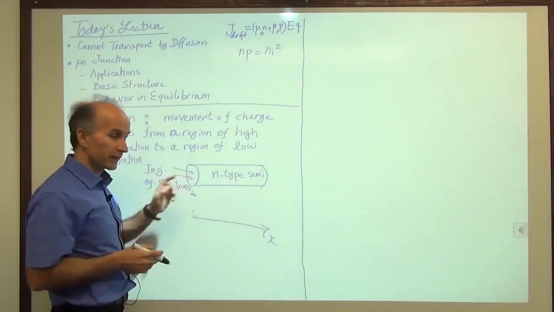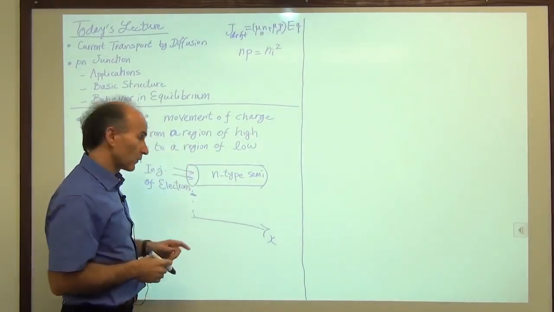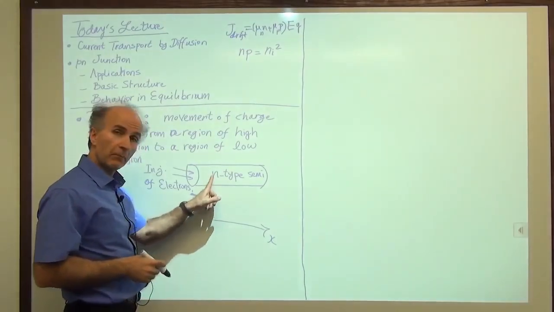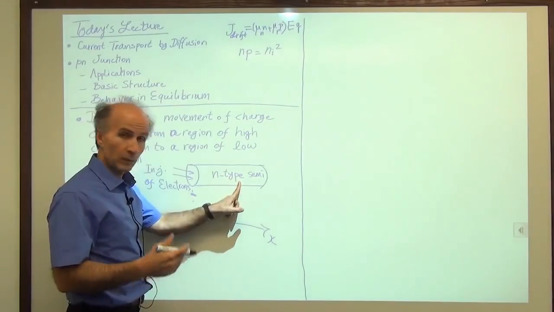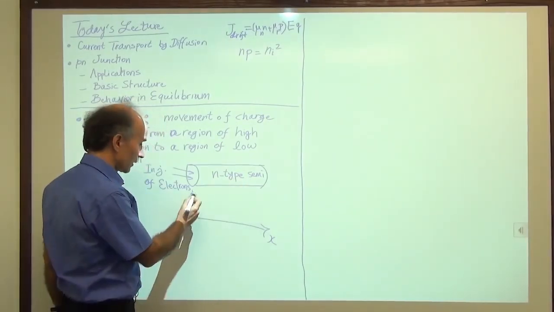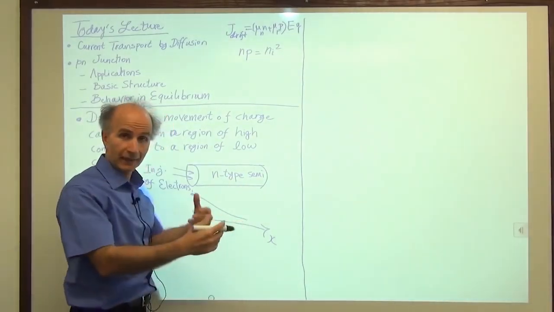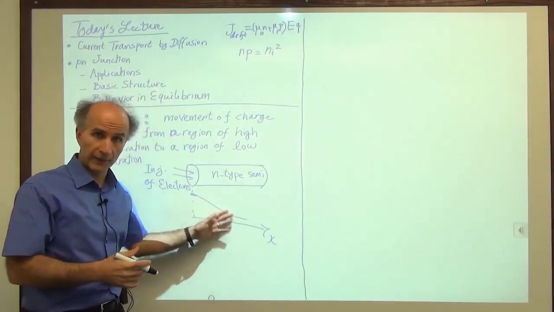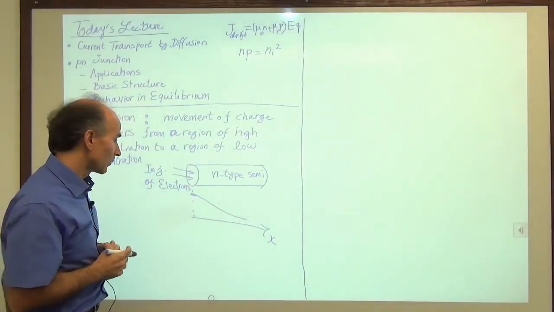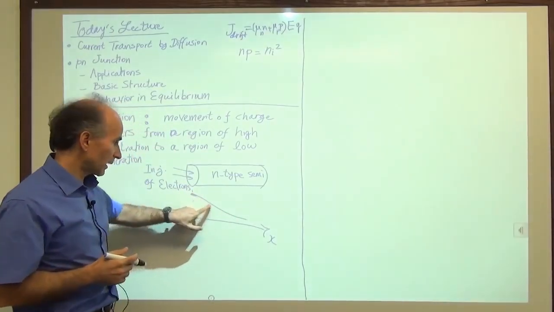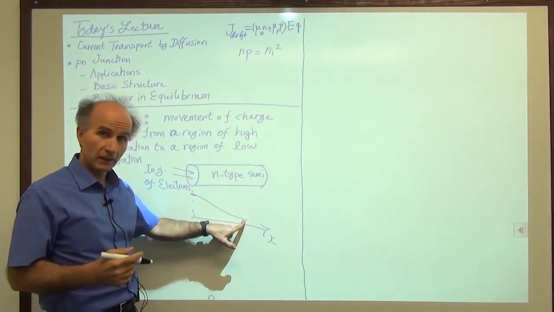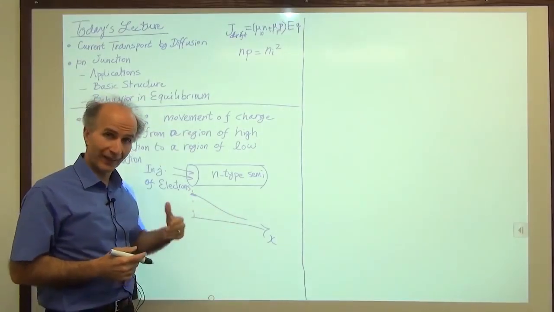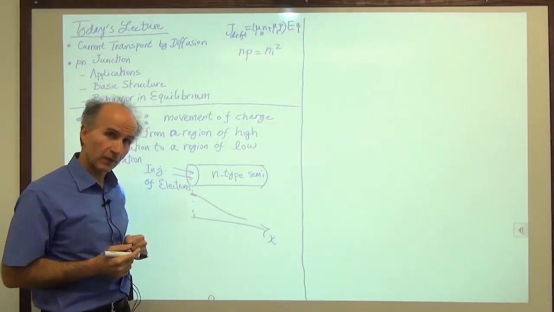But electrons don't want to stay here. They diffuse away. So if we go over here and measure the concentration of electrons, it will be lower. If we go here, it will be lower, and so on. So it goes down. We don't know exactly in what form it goes down, but it goes down. So we have a high concentration here and low concentration here. We say we have a gradient from here to here, gradient of concentration.